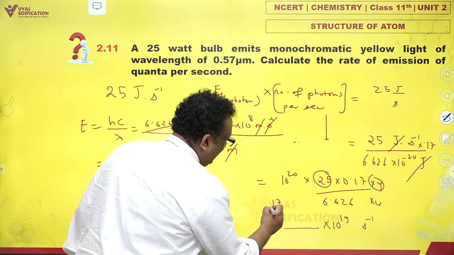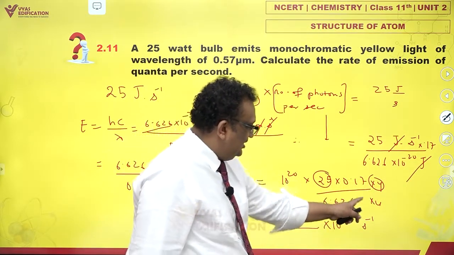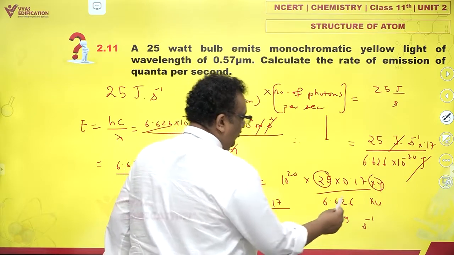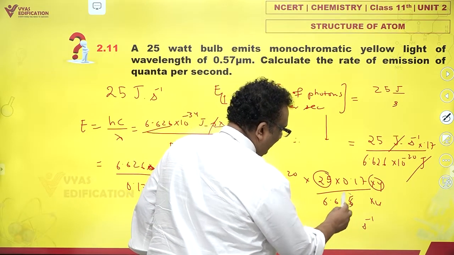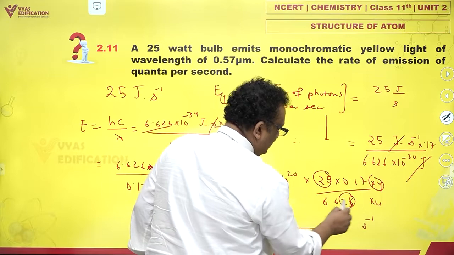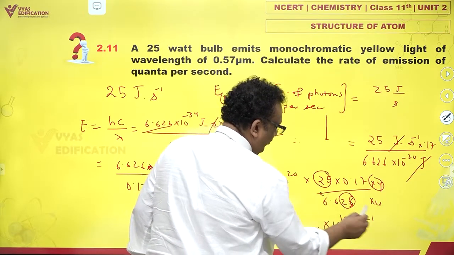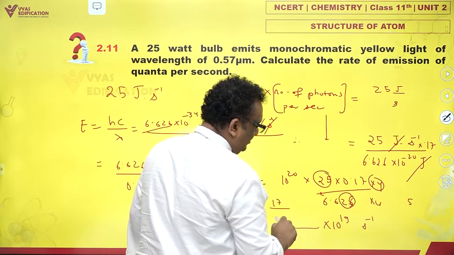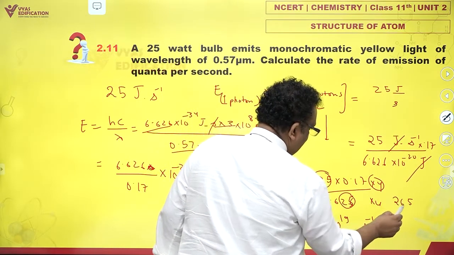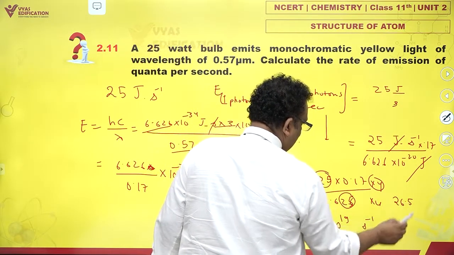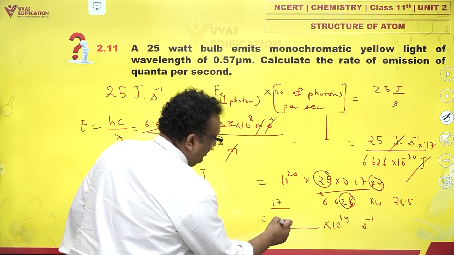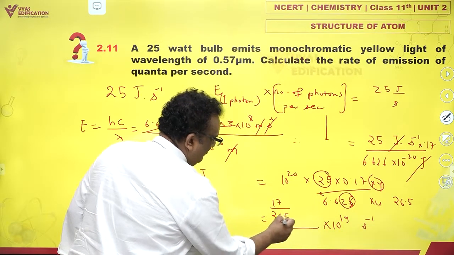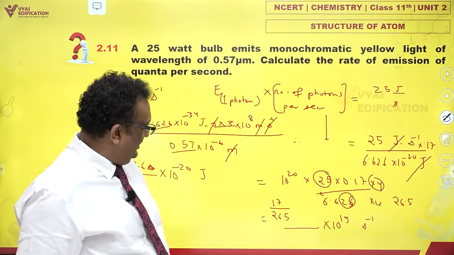So I have 17 divided by this number into 4. 25 into 4 would be 100, and 4 sixes are 24. This is what I seemingly get: 17 by 26.5, roughly.